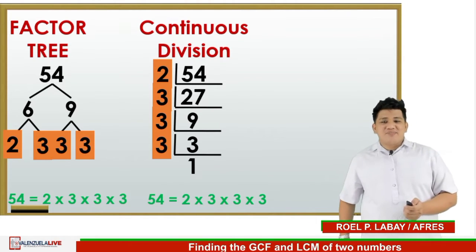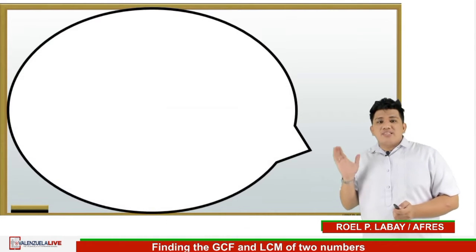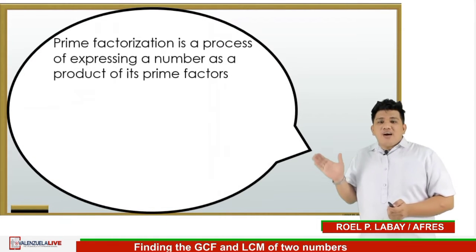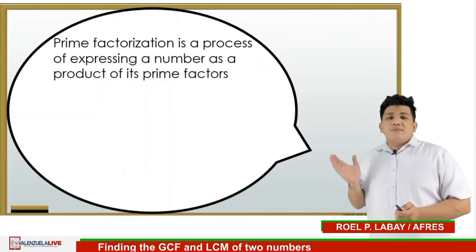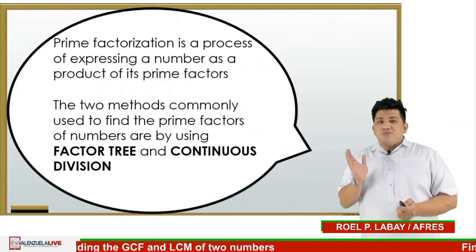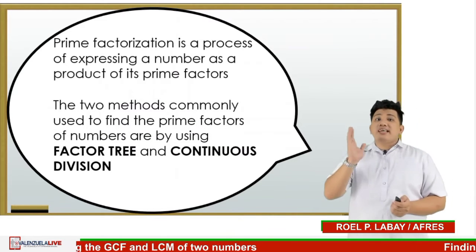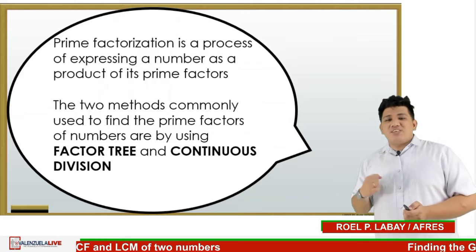Excellent! Just remember, grade 4 pupils, that prime factorization is a process of expressing a number as a product of its prime factors. And the two methods commonly used to find the prime factors of numbers are using factor tree and continuous division.